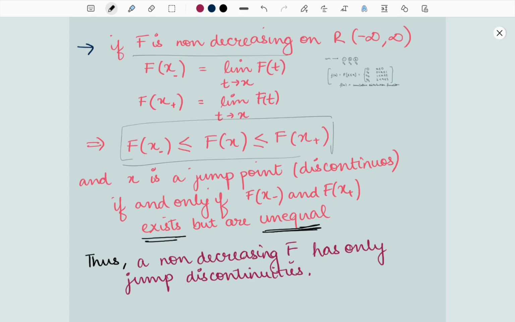Here, if f is discontinuous, we will have a jump point in the cumulative distribution graph.